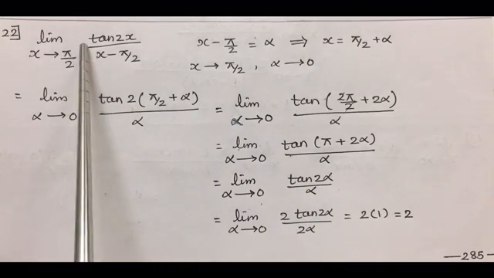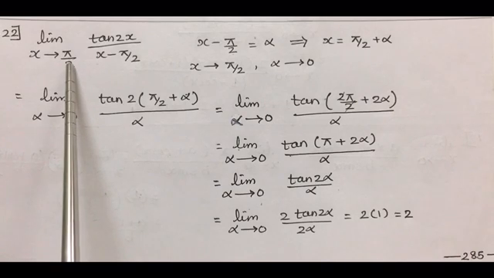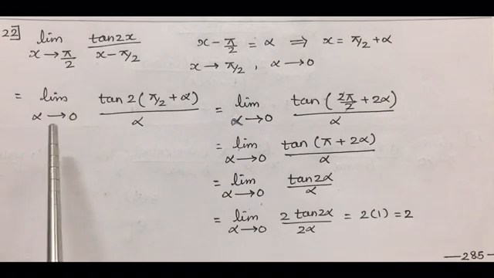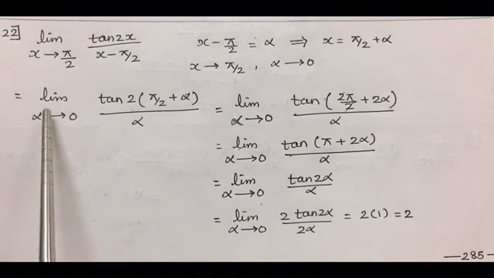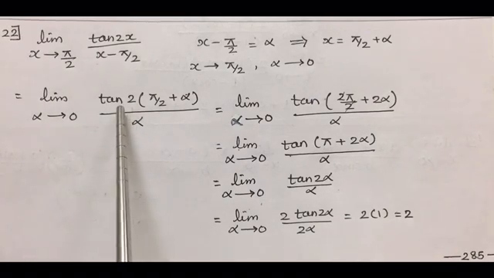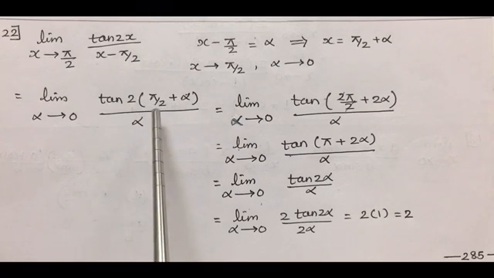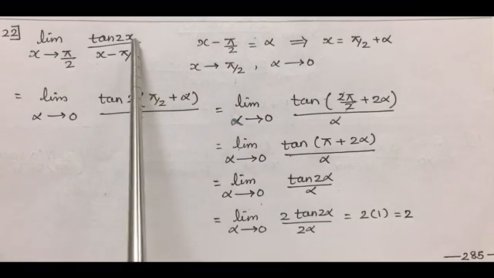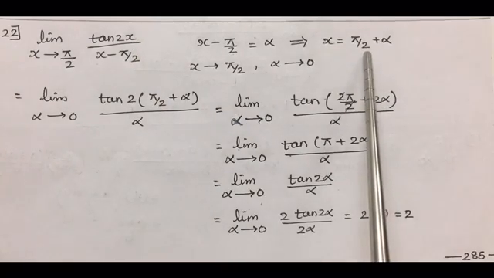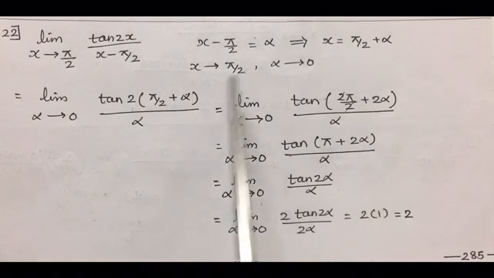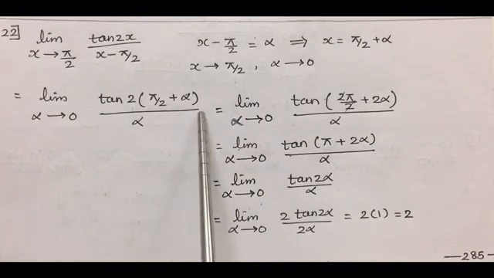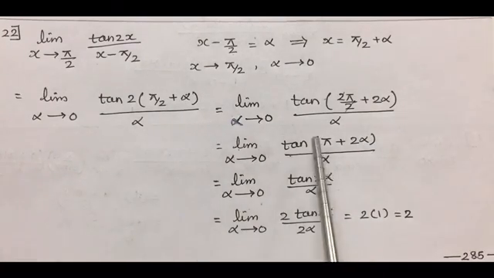Now changing all x in terms of alpha, we'll get limit alpha tends to 0, tan 2 is kept as it is, and x is replaced by pi by 2 plus alpha whole divided by alpha.